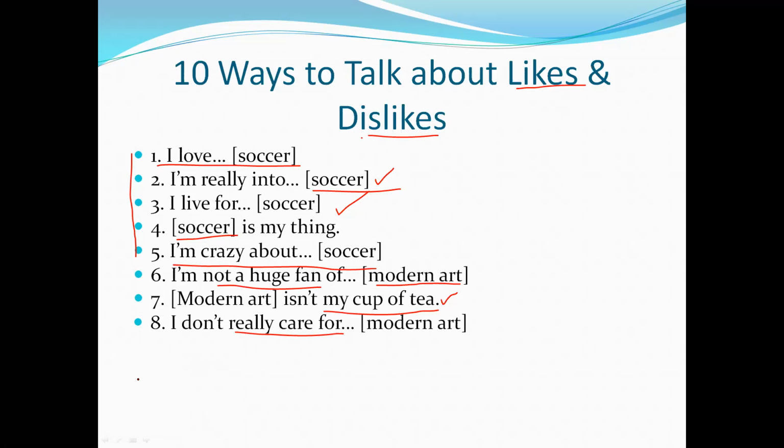If you are not a fan of going to the gym and doing exercise there, you can say I don't really care for gym. It means that you're not going to the gym or you don't like to go to the gym. So in that case, you can say this. Okay. Then let's go to the next point.